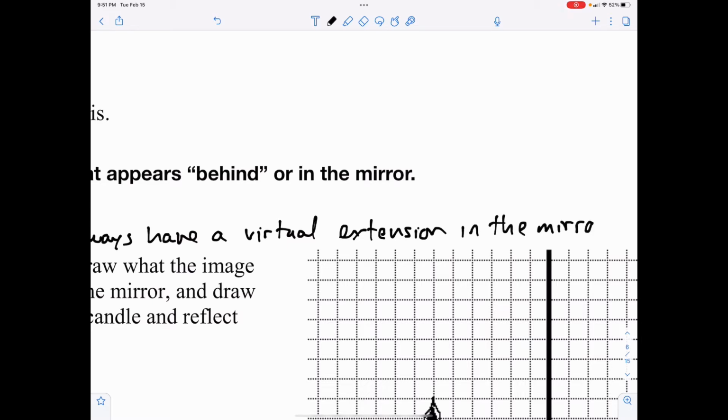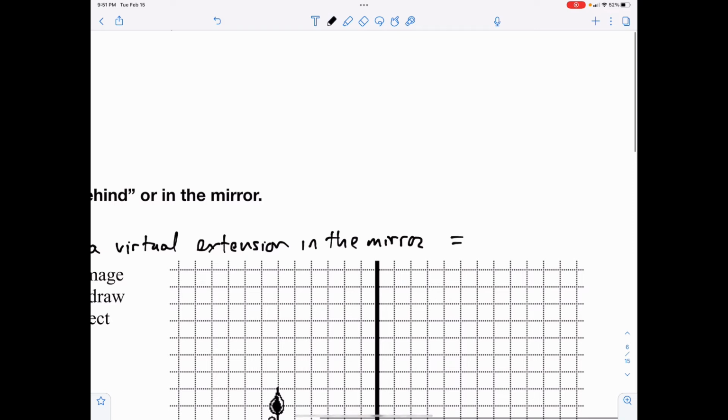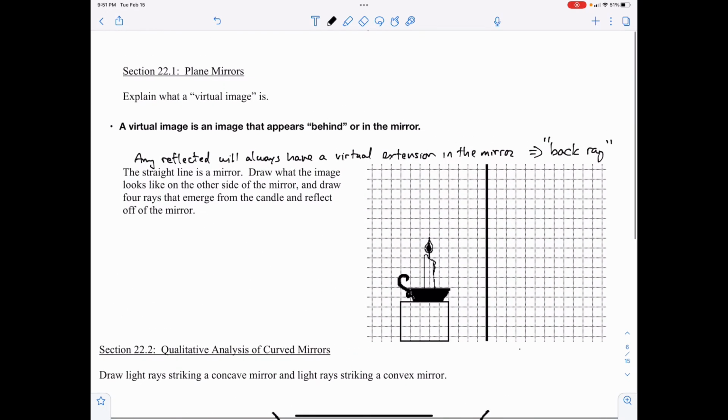What I call this virtual extension in the mirror, I just call it a back ray. So you'll hear me say the phrase back ray all the time. Every time you draw a reflected ray, we need to have a back ray, okay? And angle of reflection equals angle of incidence. So we're going to put all of that together to find out where the image of this candle would be formed, okay?